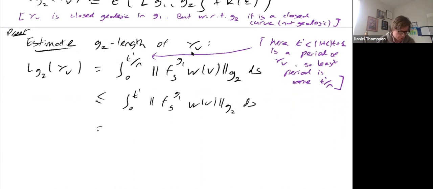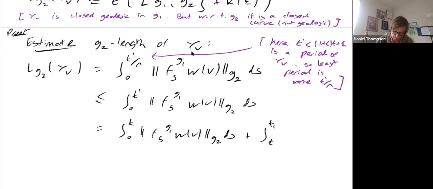Okay, so let's split this up into 0 up to t. Definitely got that in there. Plus the change. So what are we going to do with these terms?